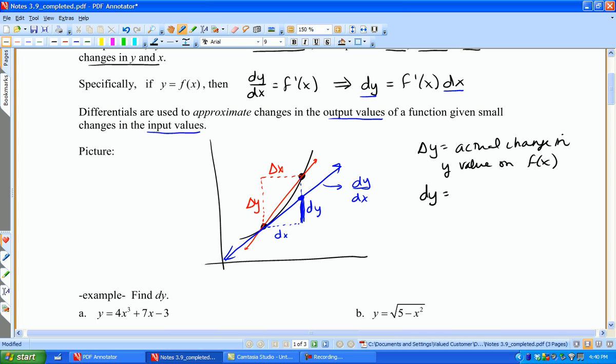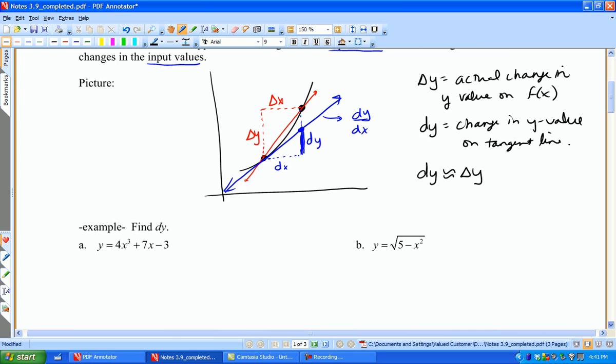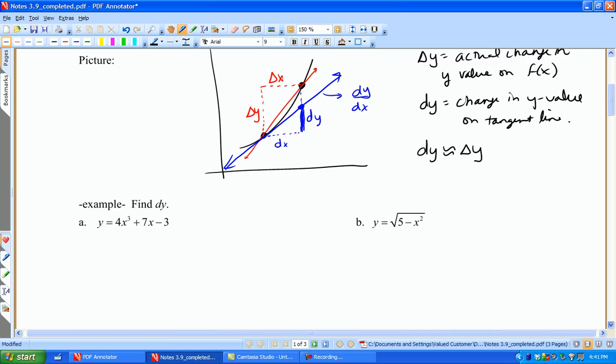Dy is the change in the y value on the tangent line. And the key is, if my change in x is small enough, then this tangent line is pretty close to being the same as the function, and so my dy is a good approximation of my delta y. So that's what we're going to be using it for, an approximation to our delta y.